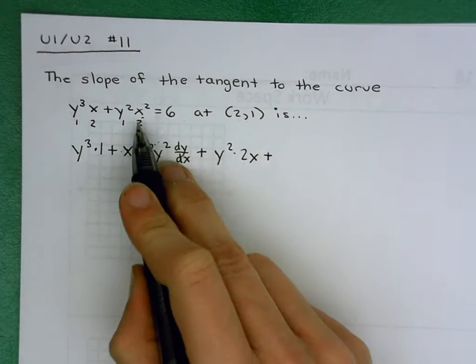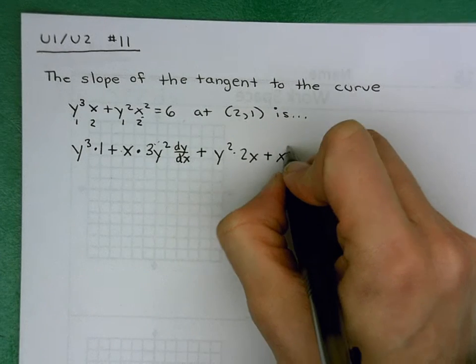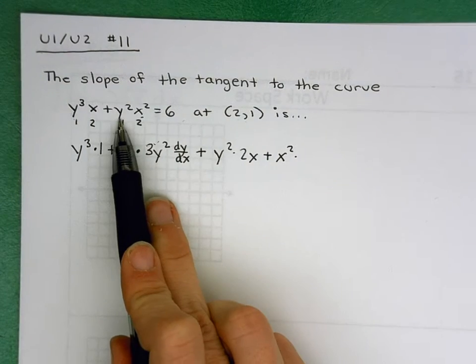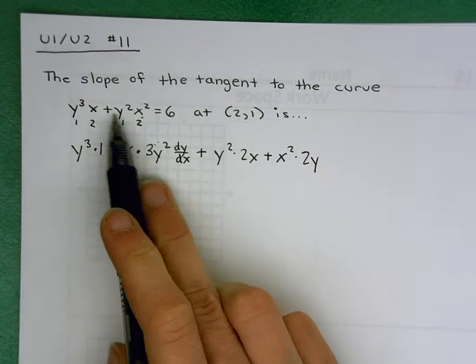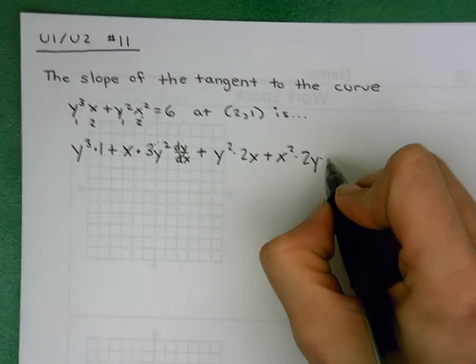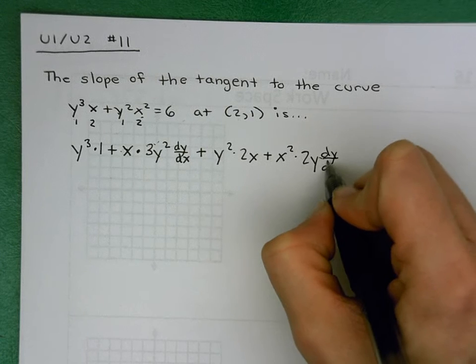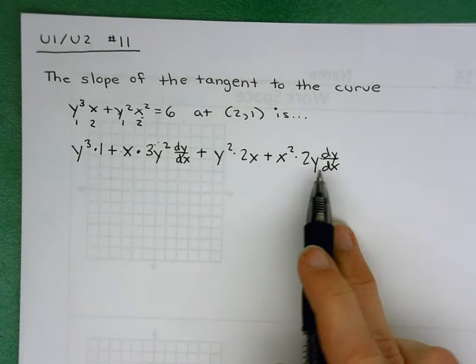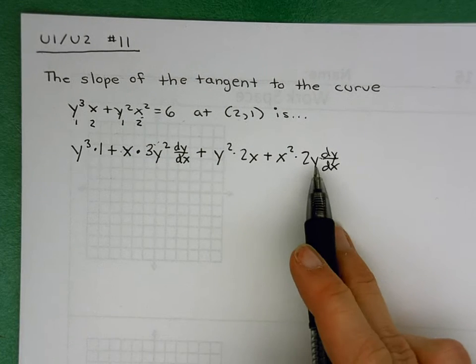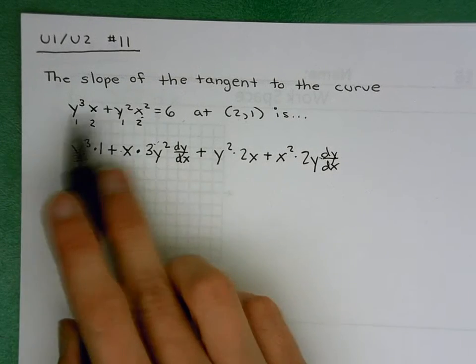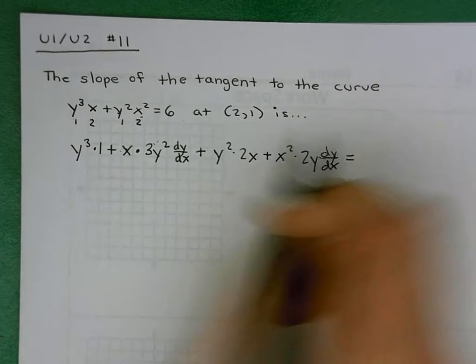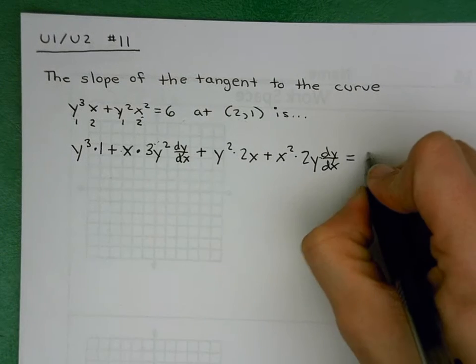Plus my 2, which is the x squared, d1, the derivative of y squared, is 2y. And then again, we took the derivative of y, so this is dy dx, acknowledging that we're working with the wrong variable, or the dependent variable, I should say. Okay. So this is the first two terms, and then we have equals, the derivative of 6 is 0.